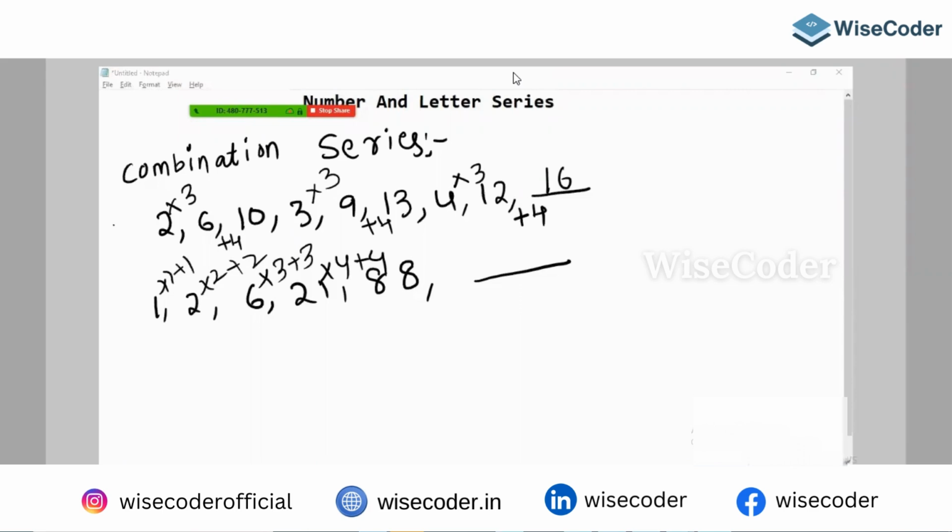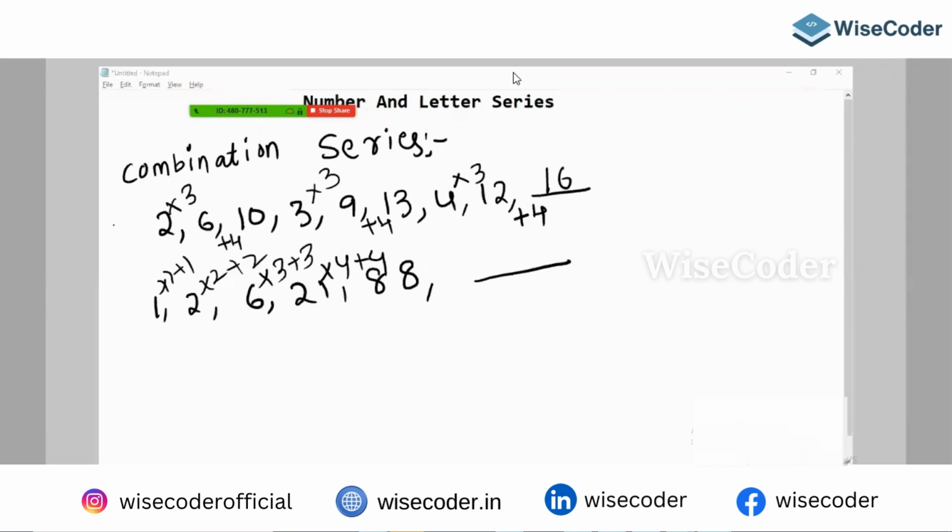So I got a pattern: to get any term, multiply the previous term with k and then add k, where k is a natural number with values in increasing order from 1. To get the second term, the first term is multiplied with 1 and then 1 is added.